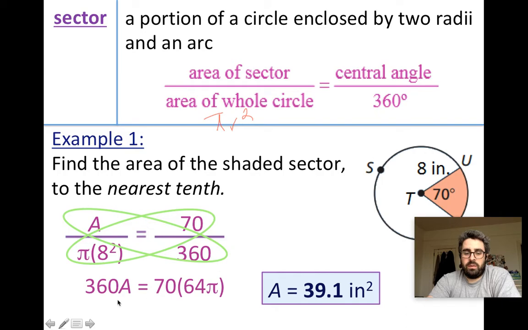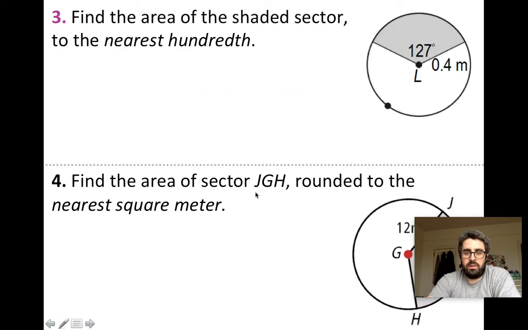Let's try another one together. So if we go to number 3, we see a similar problem. So let's set this up. So we see a circle with a central angle of 127 and a radius of 0.4 meters. Find the area of the shaded sector to the nearest hundredth.